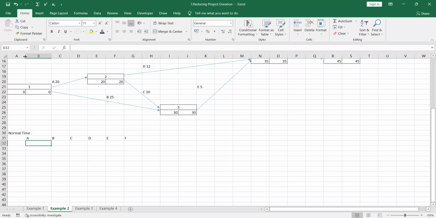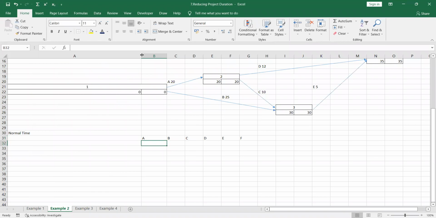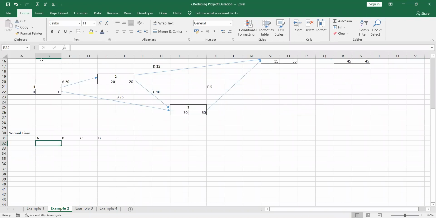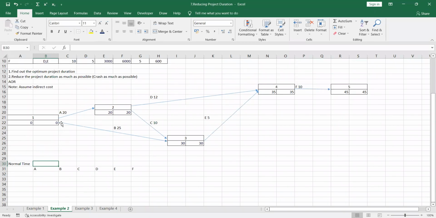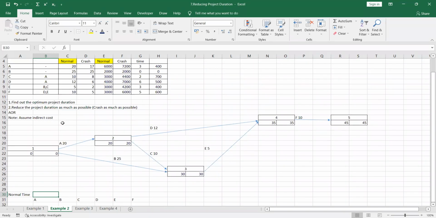For the normal time, what are the normal times for the A activity? 20, 25, 20, 25. No, now I'm writing the normal time here, right? 10, 12, 5, and 10.